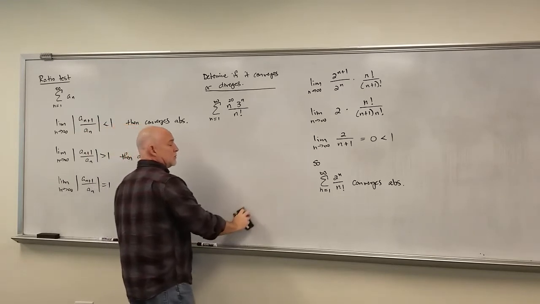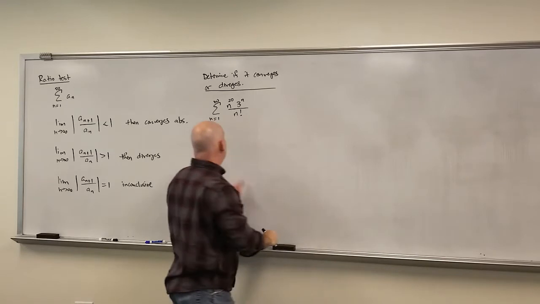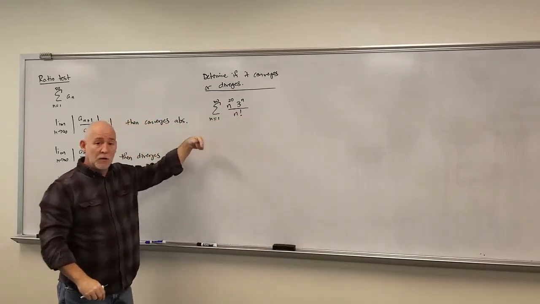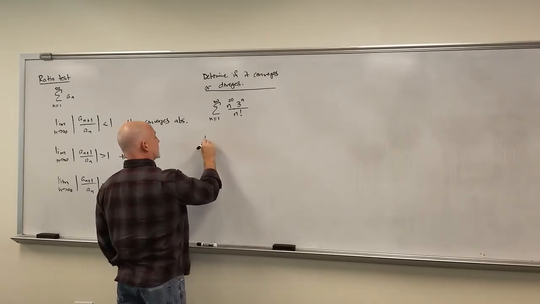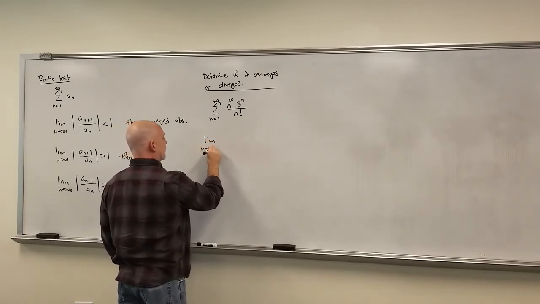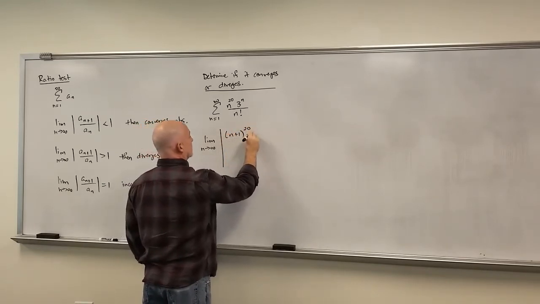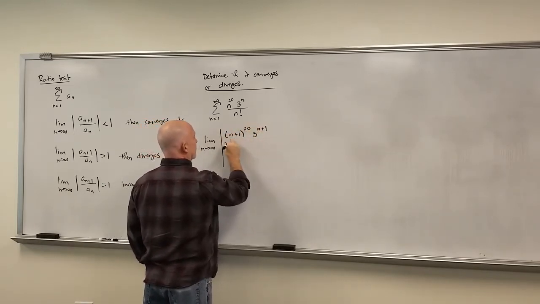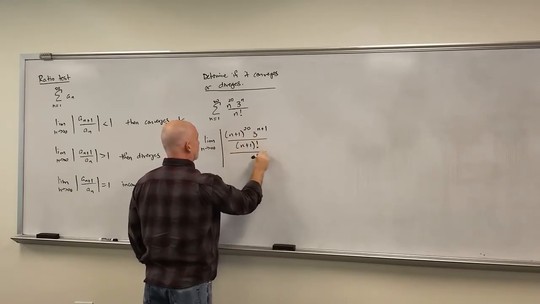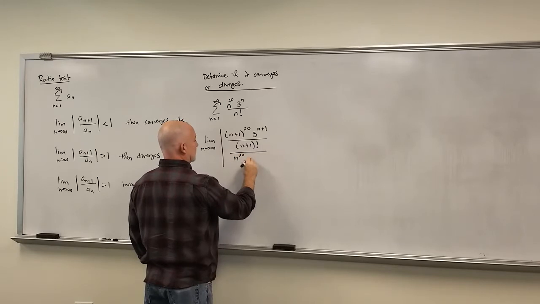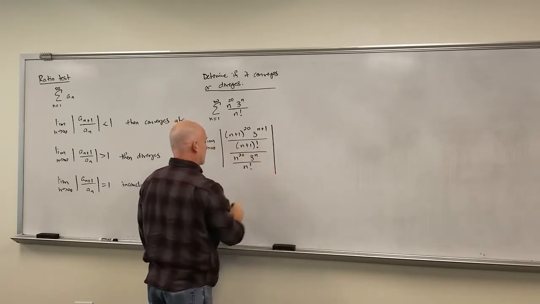Now I'm thinking I want to do my ratio test here because I have a mixture of a lot of different types of functions: polynomials, exponentials, and factorials. So let's see, we're going to do the limit as n goes to infinity of (n plus 1)^20 times 3^(n+1) over (n plus 1) factorial, all over n^20 times 3^n over n factorial.